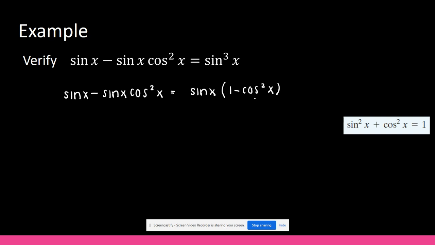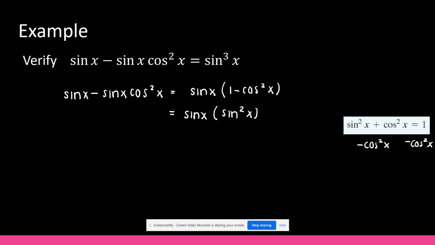Because this in parentheses says 1 minus cosine squared, that's because we decided to subtract cosine squared of x over to the other side of the equation. And by doing that, it's going to leave us with sine squared of x. So I get to replace what I have in parentheses: 1 minus cosine squared of x is really sine squared of x.